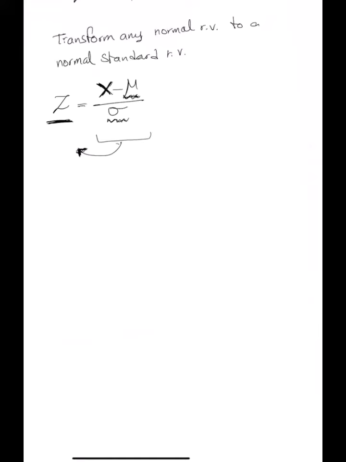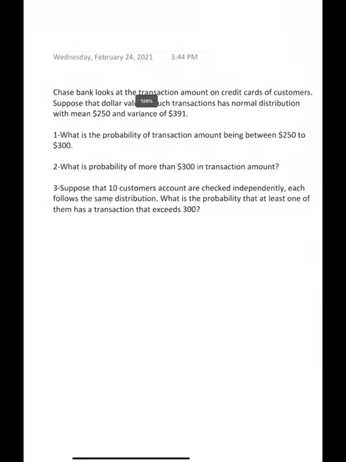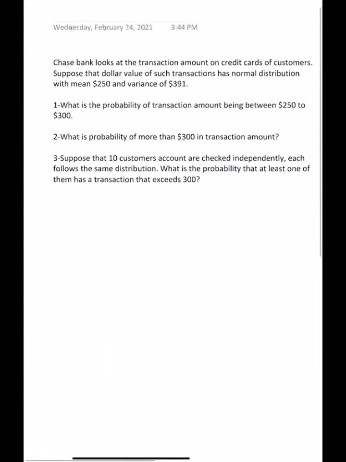And now I also want to look at one example. In this example, we have Chase Bank that is looking at the transaction amount of the customers, the transaction amounts on the credit card of the customers. The dollar value associated with these transactions has a normal distribution with average $250 and variance of $391.